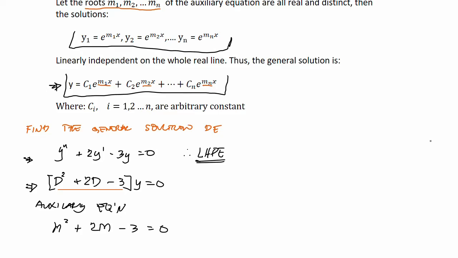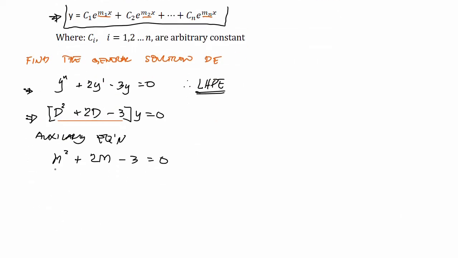and then after we get the roots, we will use the general solution and get the answer. We have the m squared here, so we are expecting to have two roots. We need to do some modification here, so let's factor this form.